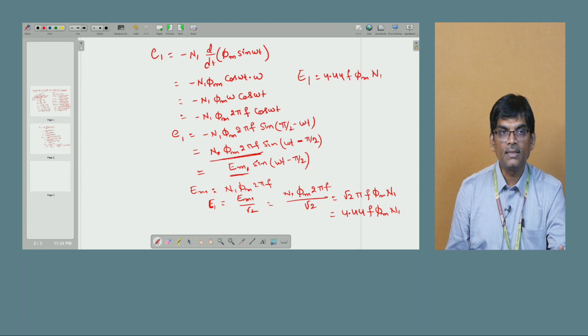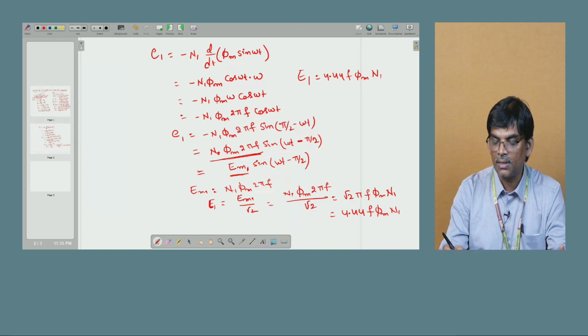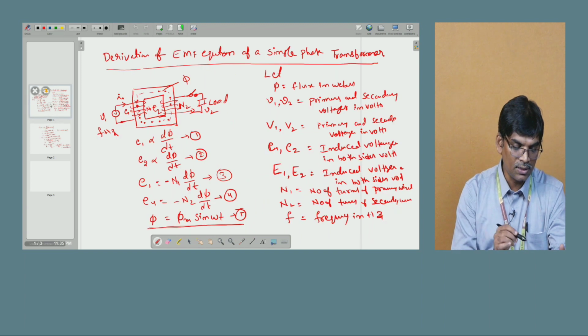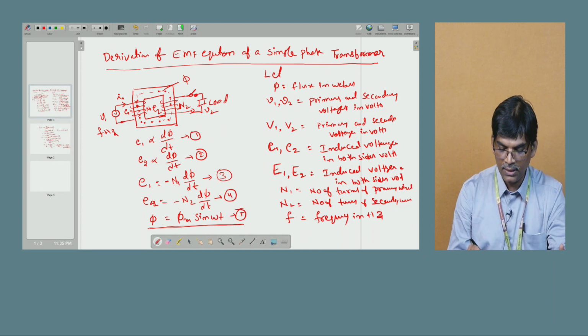Similarly, we apply this to the secondary side. The secondary side also has the same flux and same frequency, but only the number of turns changes. We use E2 is equal to minus N2 dφ by dt. The same flux is substituted, and only in equations 3 and 4 are we changing the number of turns.